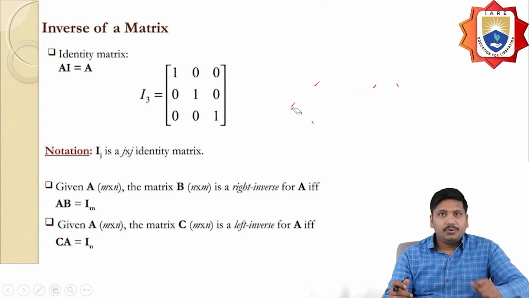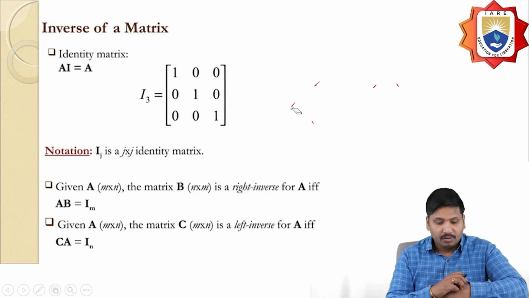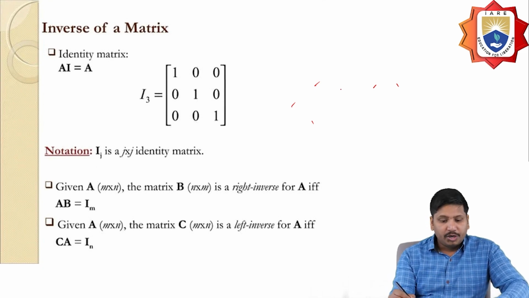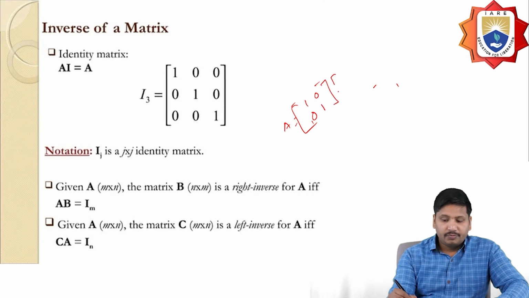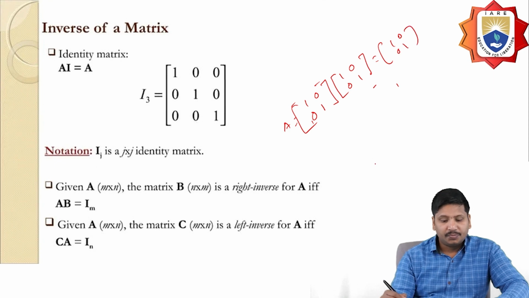If I take a matrix A equal to 1 0 0 1 and multiply it by the identity matrix 1 0 0 1, the values I get are 1 0 0 1 only.